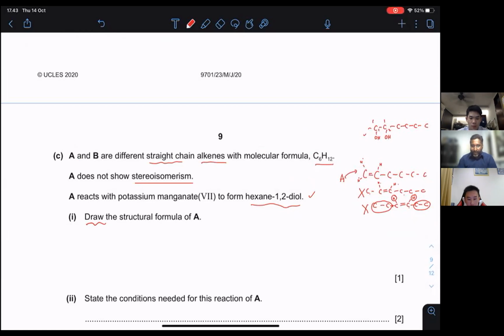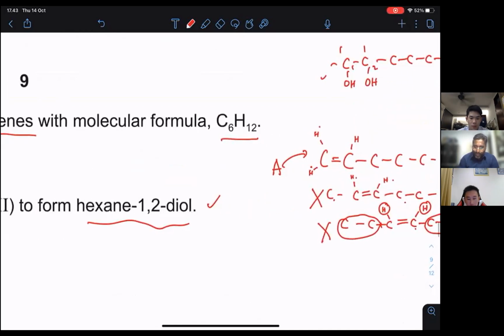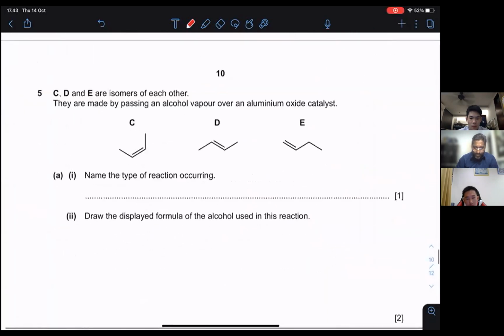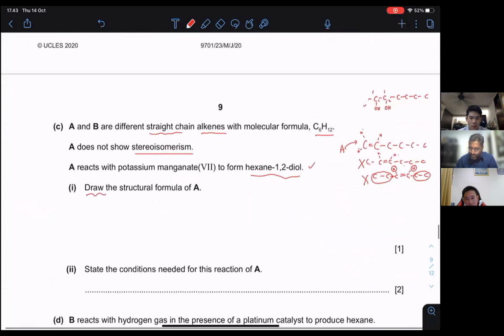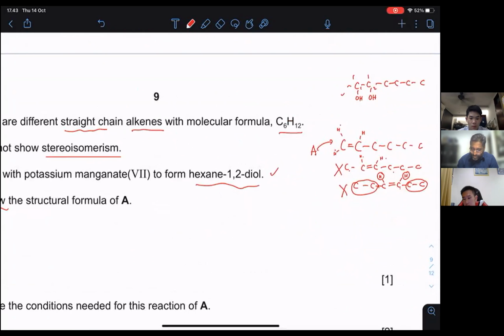When they say structural formula, let me go again. This one is going to be CH2, then the double bond over there.